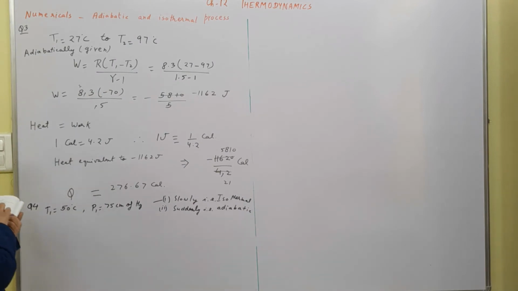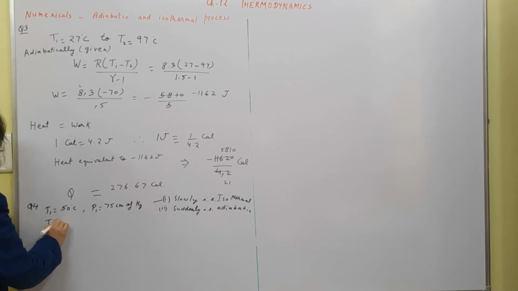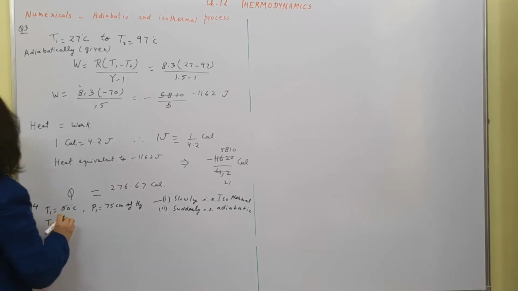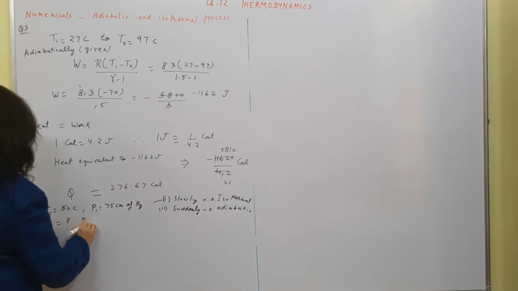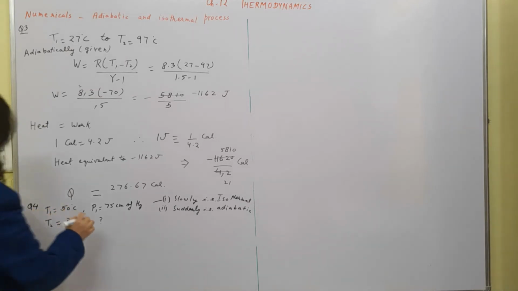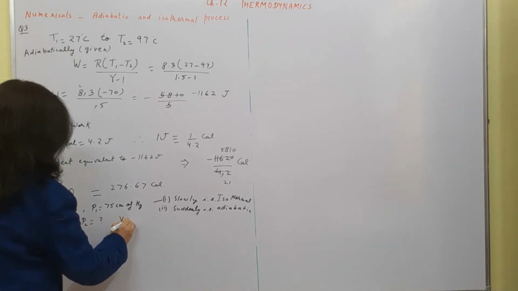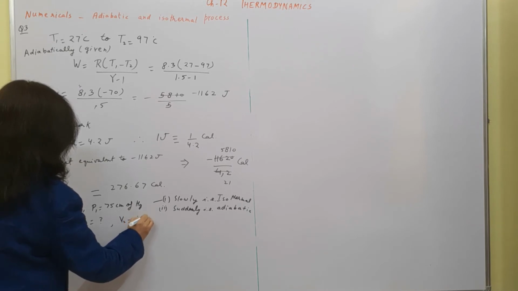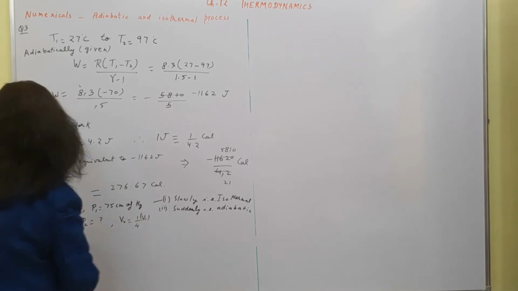Then what will be the final pressure and temperature of the gas in each case? If the final volume is 1/4 of the initial volume, so V2 is equal to 1/4 times V1.